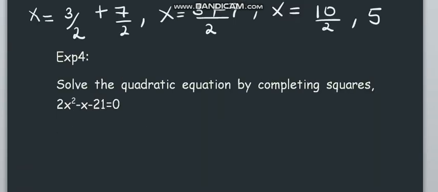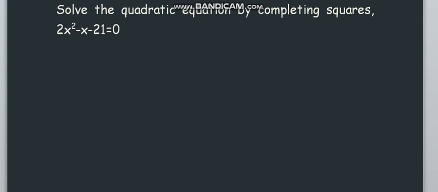Now, the second example, or the fourth example, is solve the quadratic equation by completing squares. Is that okay? We have 2x squared minus x minus 21. It will be 0.